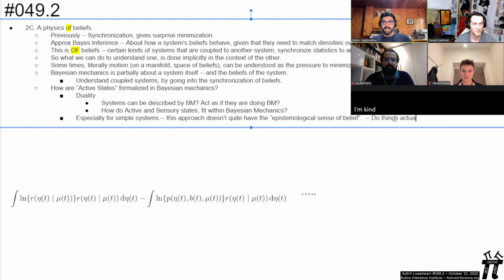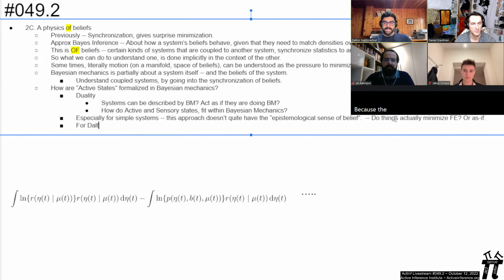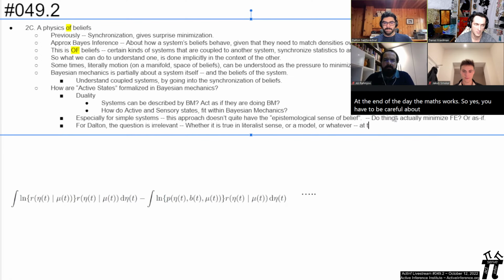I'm kind of agnostic. I think the whole question is basically irrelevant, because whether or not it is true in a literalist sense or is just a model, at the end of the day, the maths works. So yes, you have to be careful about acknowledging the limitations of the maths to describe the actual physics and the biology, but you should be careful about that anyway.